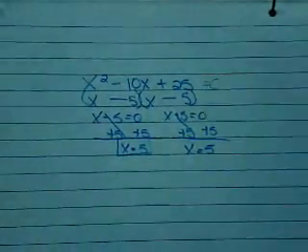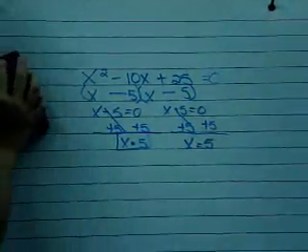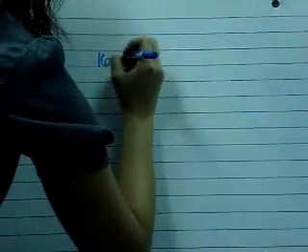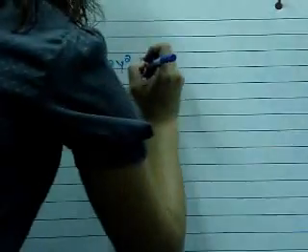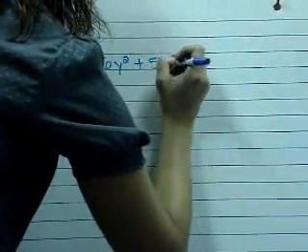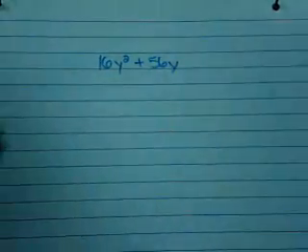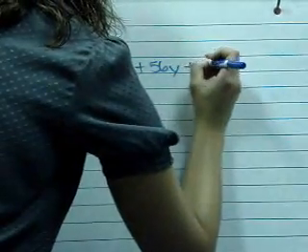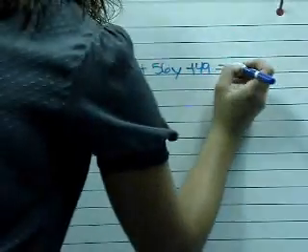Now let's do another equation through the factoring method before we move on to the quadratic formula. Now once again, we will set this equation equal to 0.